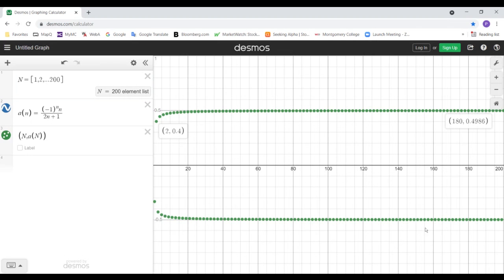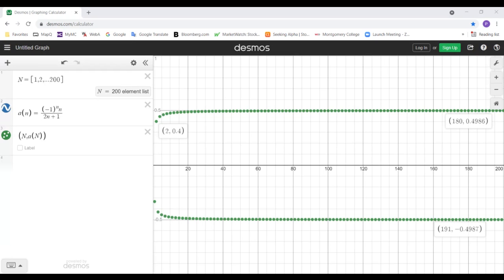Okay, the 180th term is 0.4986109. So how many like Desmos for sequences to help you? Is this helping you understand sequences? Good, all right, a lot of people say yes. Excellent. So now we have a graphical justification as well.